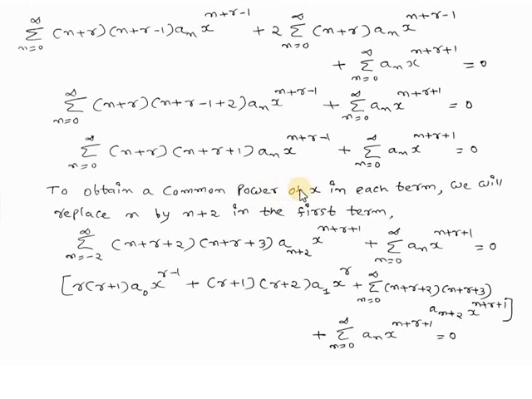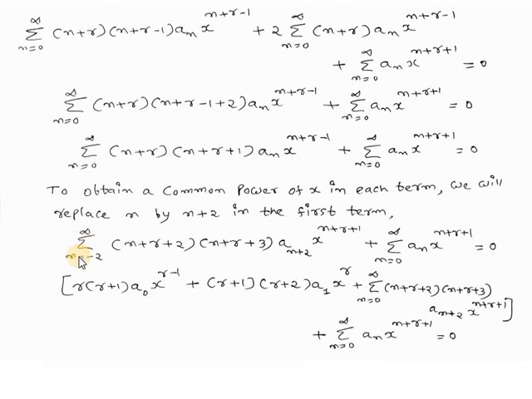Now to obtain common power of x in each term, we will replace n by n plus 2 in the first term, because here the power of x is n plus r plus 1 and here the power of x is n plus r minus 1. So to obtain common power of x in each term, we will replace n by n plus 2 in the first term.